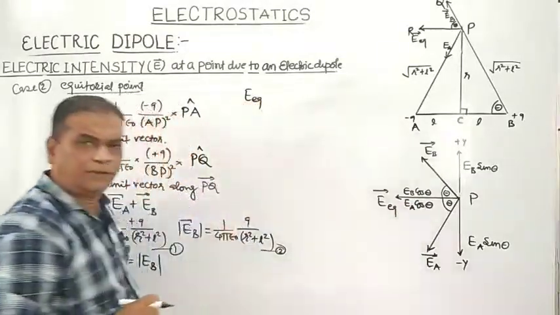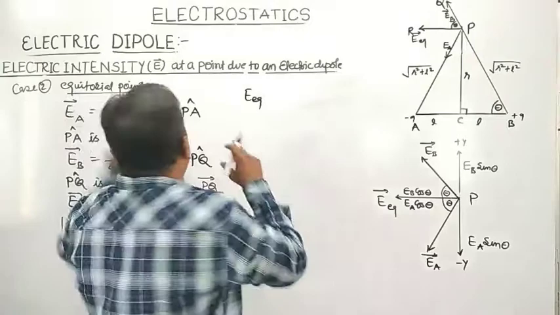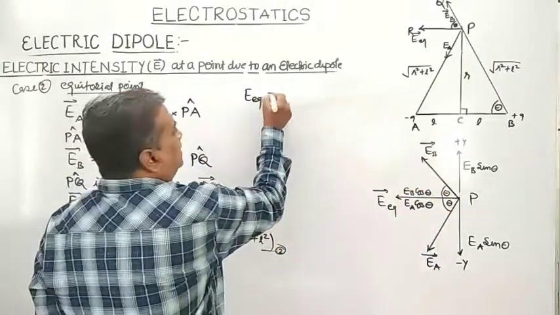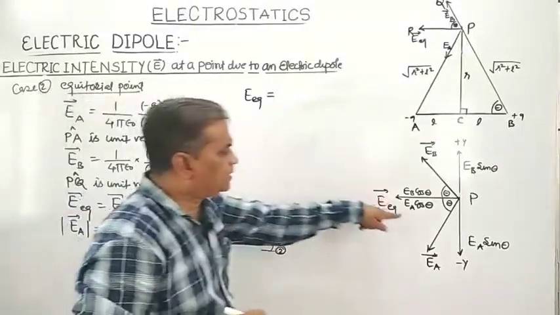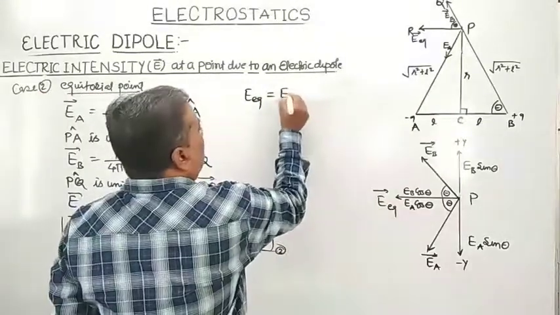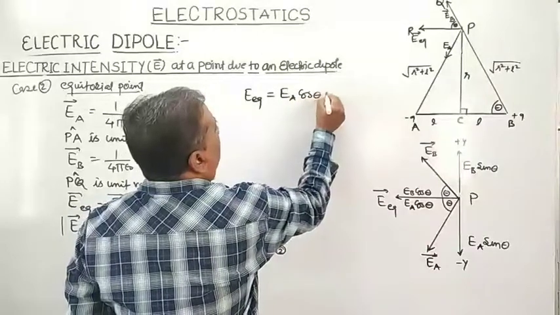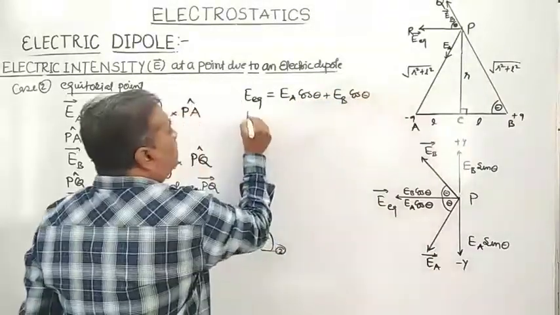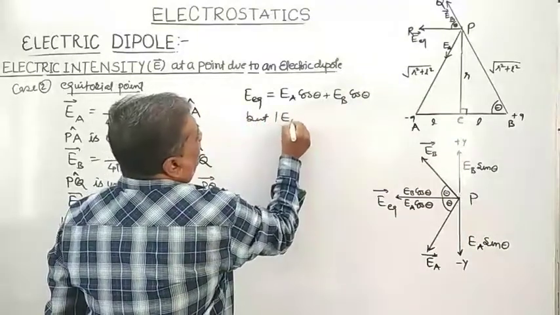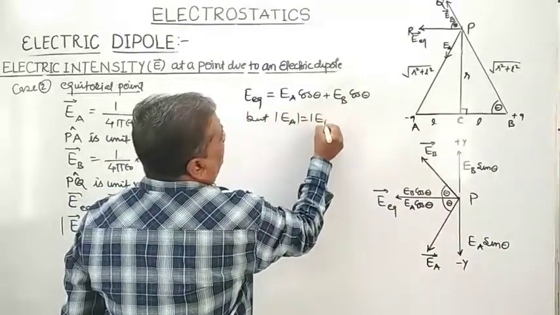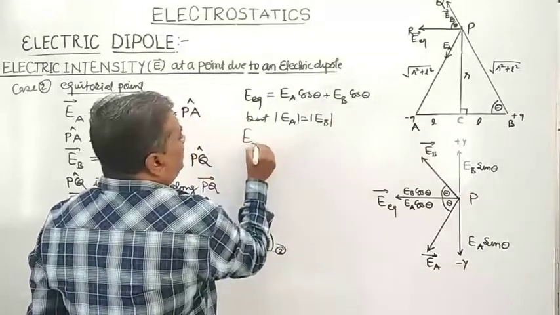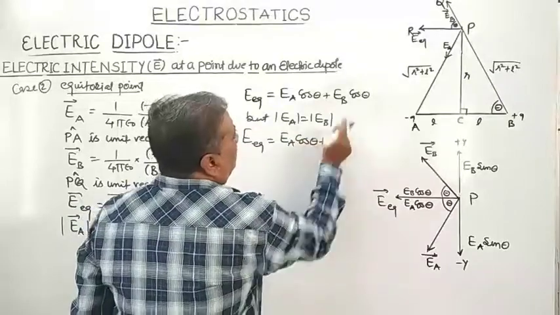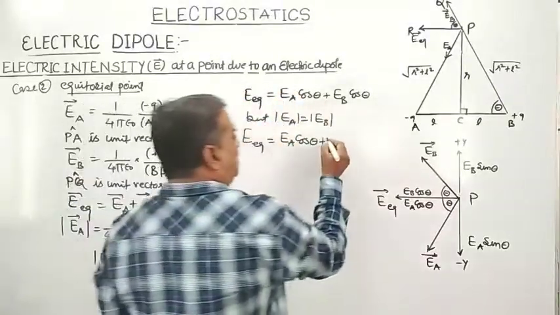E equatorial, the magnitude of the resultant electric field intensity at any point P along the equator. It is equal to what? It is the sum of EA cos theta plus EB cos theta. But we know that the magnitude of EA equals the magnitude of EB, means E equatorial is equal to EA cos theta, plus you can replace EB again by EA.